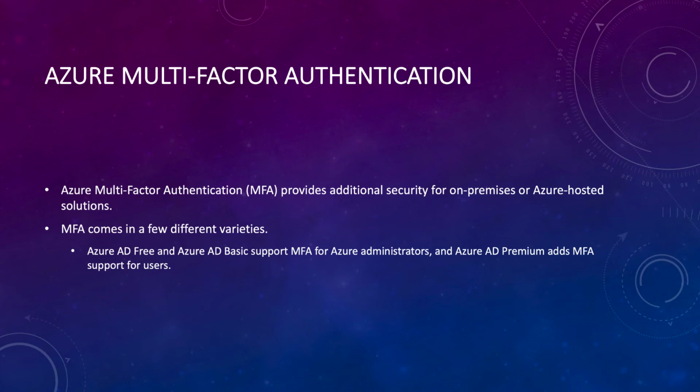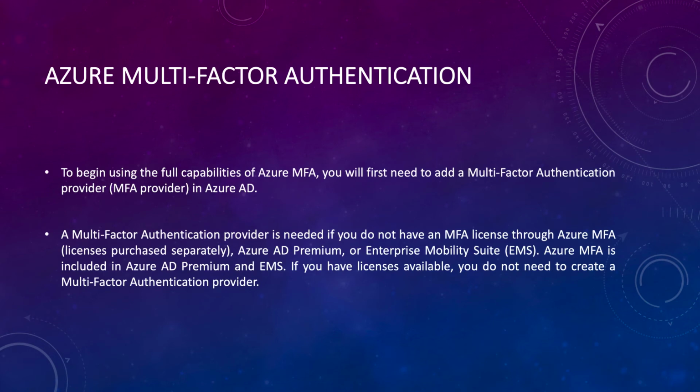To begin using the full capabilities of Azure MFA, you will first need to add a multi-factor authentication provider in Azure AD. To add an MFA provider, you need to go to the Active Directory section in Azure, which should be the classic portal of Azure.